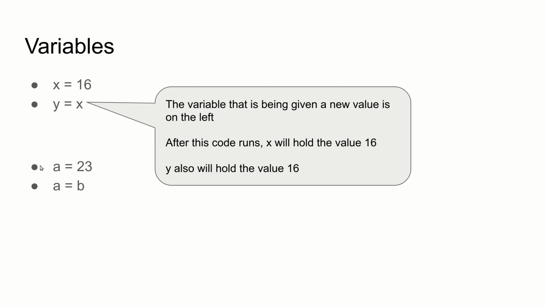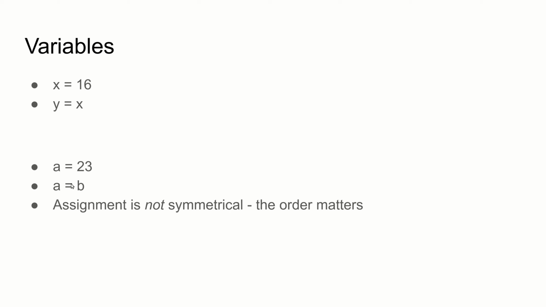And similarly down here, a gets 23. And then a gets whatever b is. So this is saying, look up what b currently is, which we didn't define here. Let's hope that it was defined somewhere else in the program. And then a gets to be the name for whatever that value is that b was. This, by the way, replaces what a was referencing before. So a was referencing the number 23.